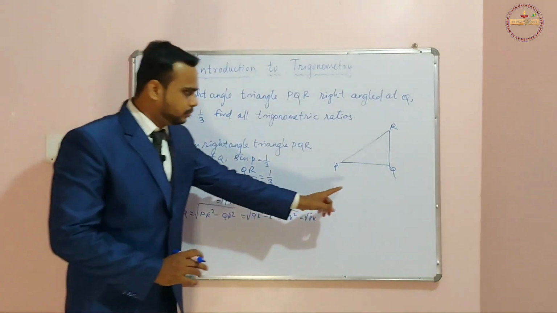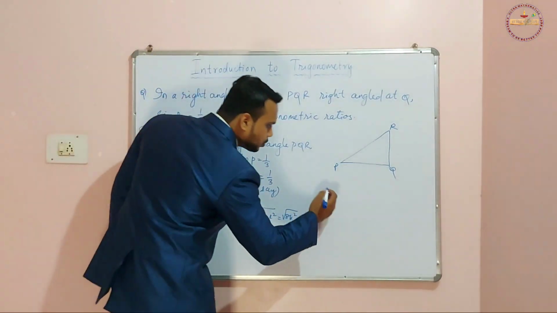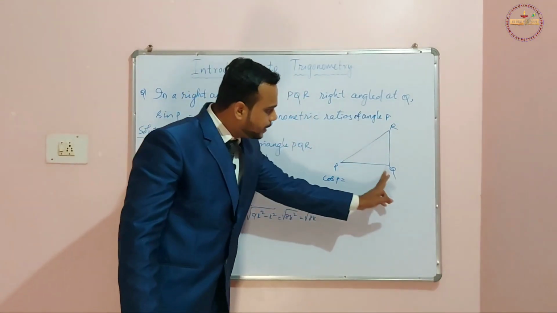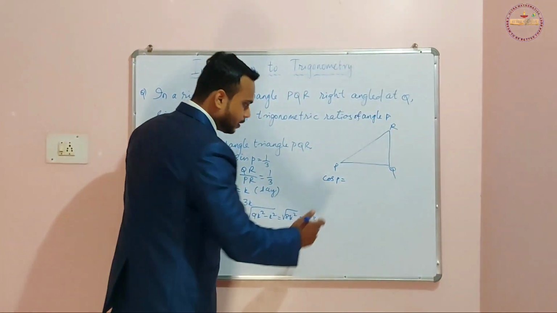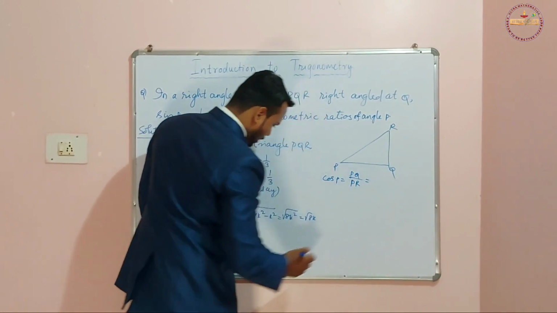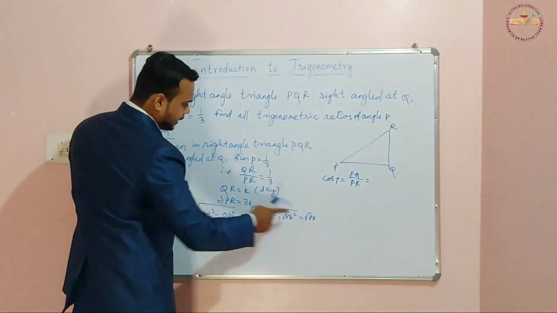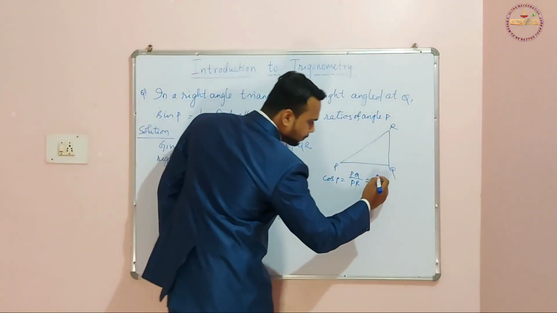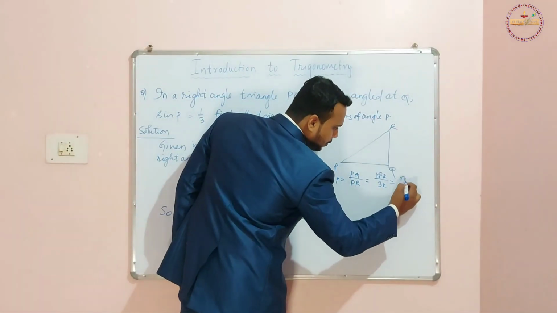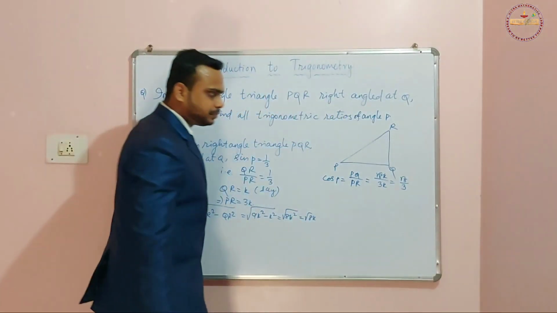I am doing it right here. So cos P is equal to PQ divided by PR. That is root 8 k divided by 3k, or simply root 8 by 3.